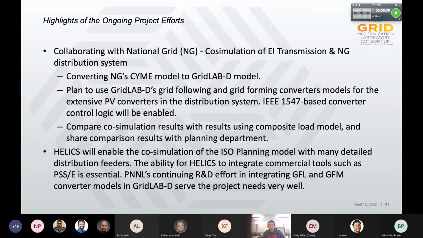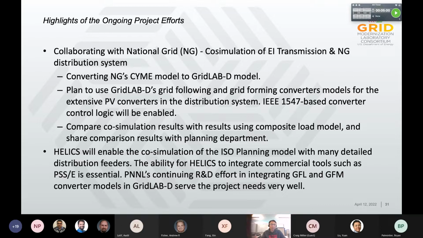We inherited some of the SIME disk to GridLab-D model conversion script from PNNL, and unfortunately that script doesn't work directly with the National Grid distribution system, so I had to make substantial modifications to make it work.